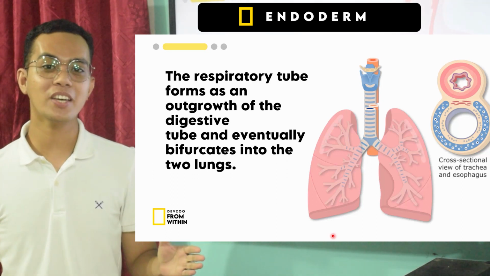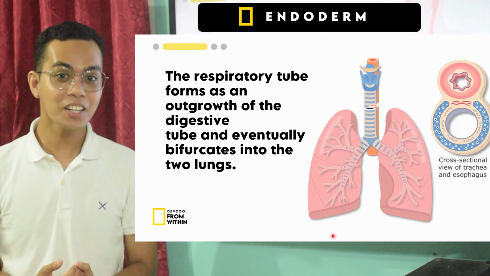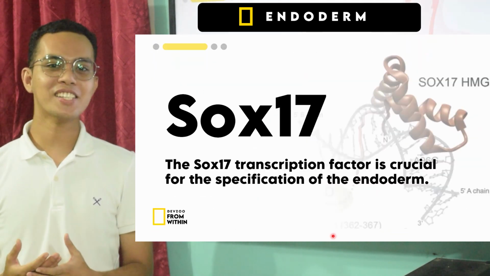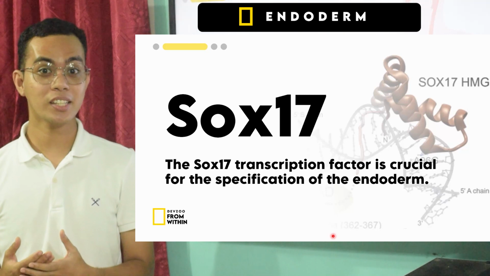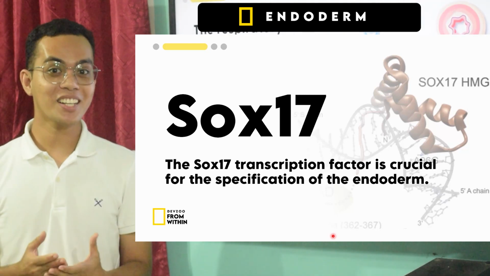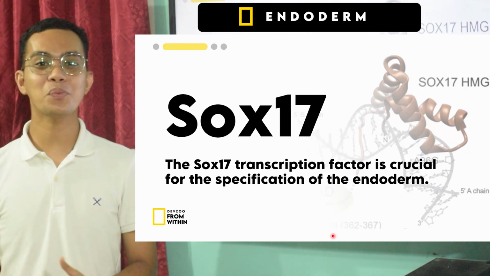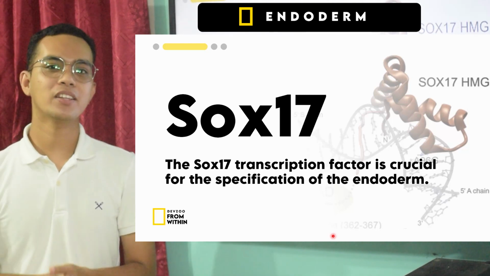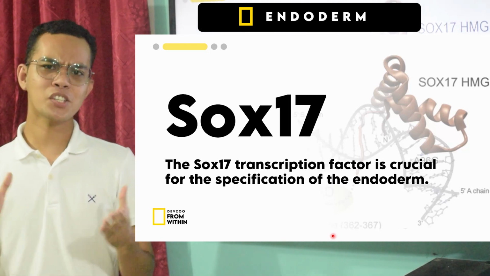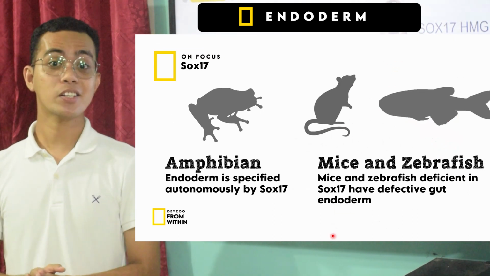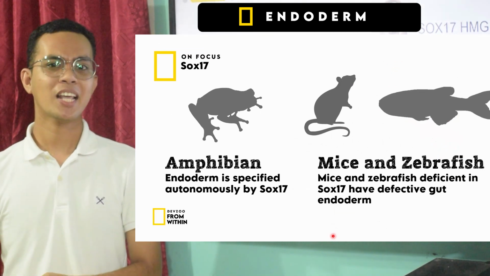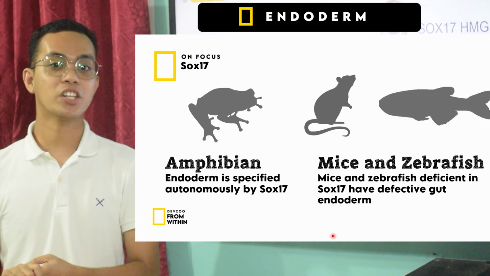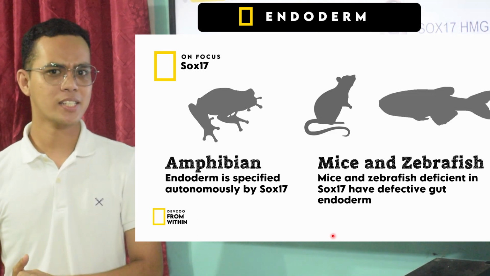But before we dive into the derivatives of the endoderm, let me introduce the very essential transcription factor in specifying the endoderm. This is what we call SOX17. In the study conducted by Hudson et al., they found that SOX17 solely controls the formation of endoderm in amphibians.